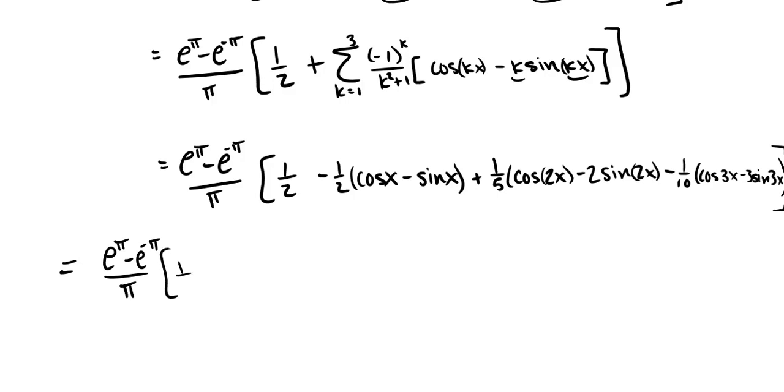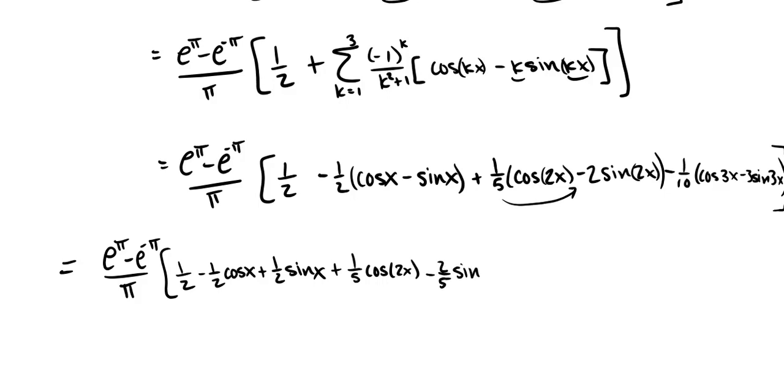Looks like I've got 1/2 minus 1/2 cosine x plus 1/2 sine x plus 1/5 cosine 2x. That 1/5 distributes to the 2 to make negative 2/5 sine 2x, minus 1/10 cosine 3x minus, and minus make a plus 3/10 sine 3x.